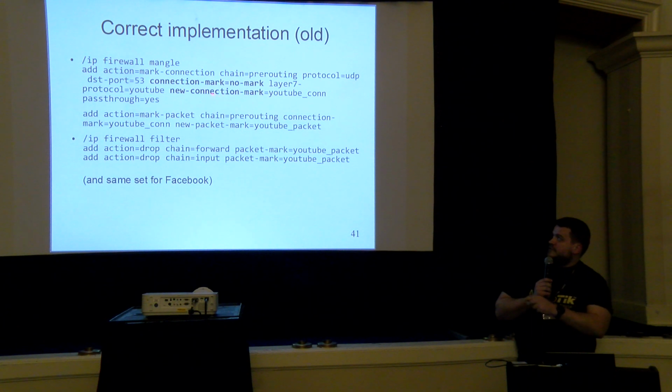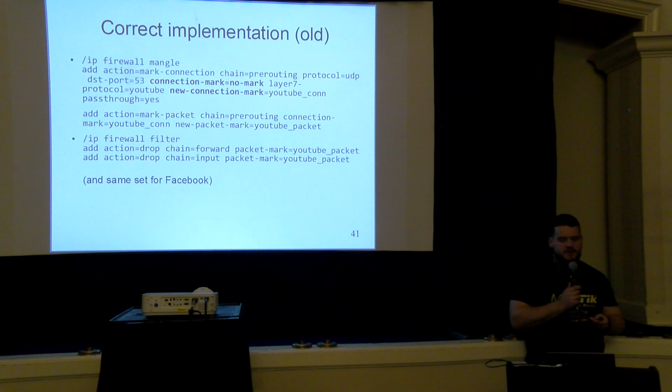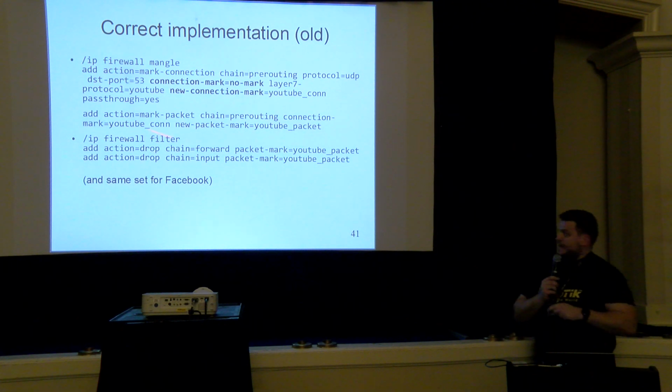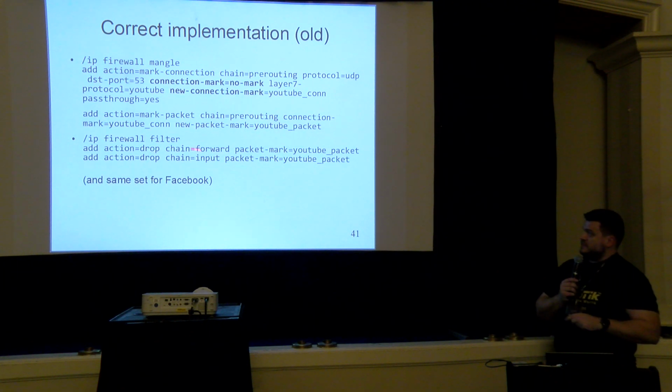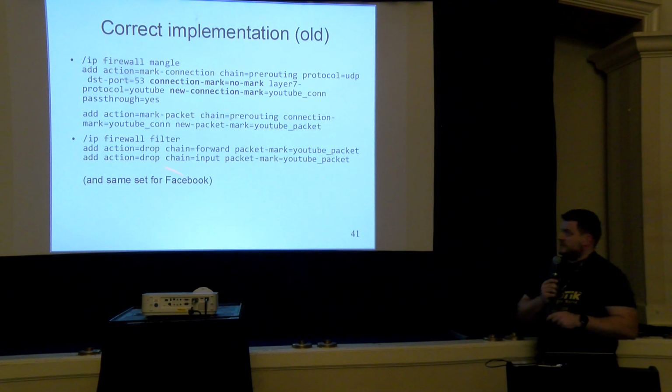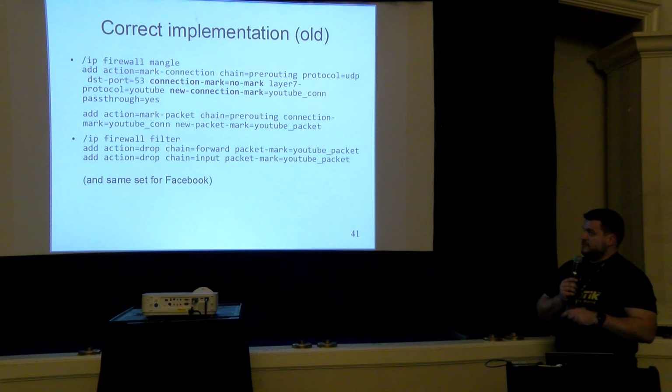So this ensures that if you marked something at least once, you will never recheck it again. So you will check each connection only once, which already improves things. Then you can mark packets from those connections, and then you can do whatever you like with those packets. So for example, in here, I just dropped them.